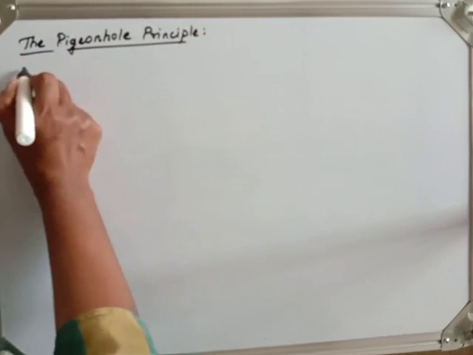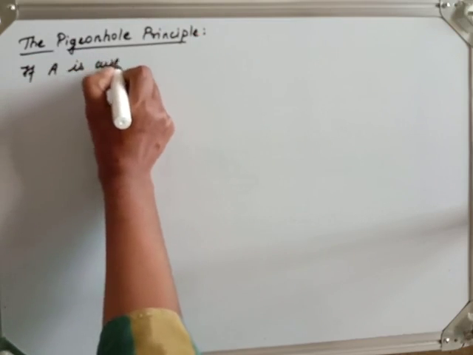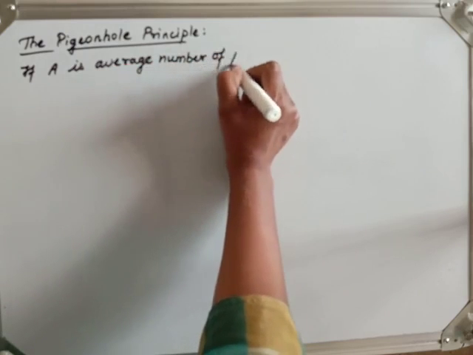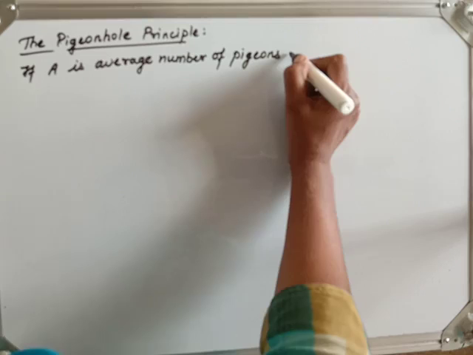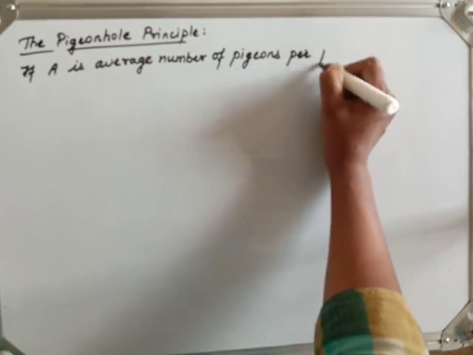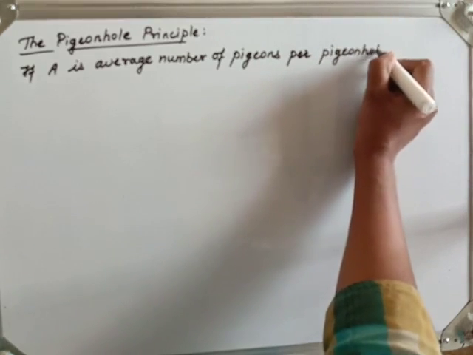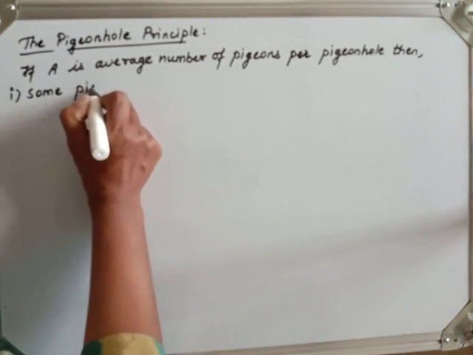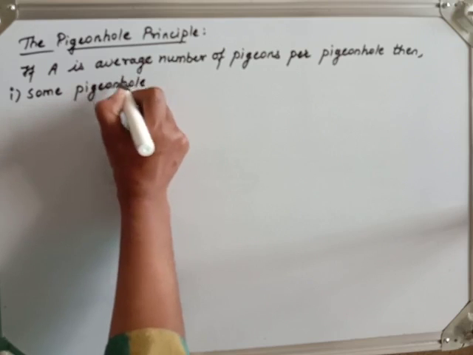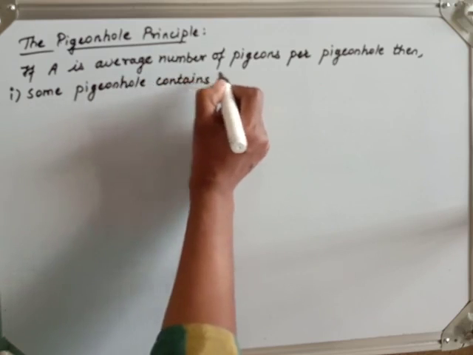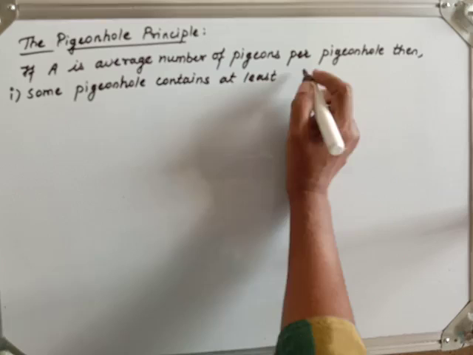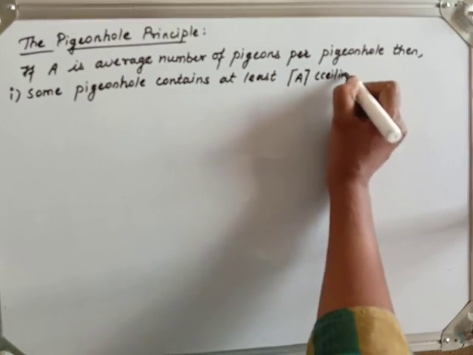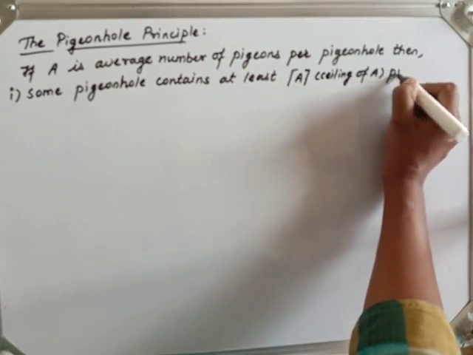First of all, if A is the average number of pigeons per pigeonhole, then first, some pigeonhole contains at least ceiling of A pigeons.